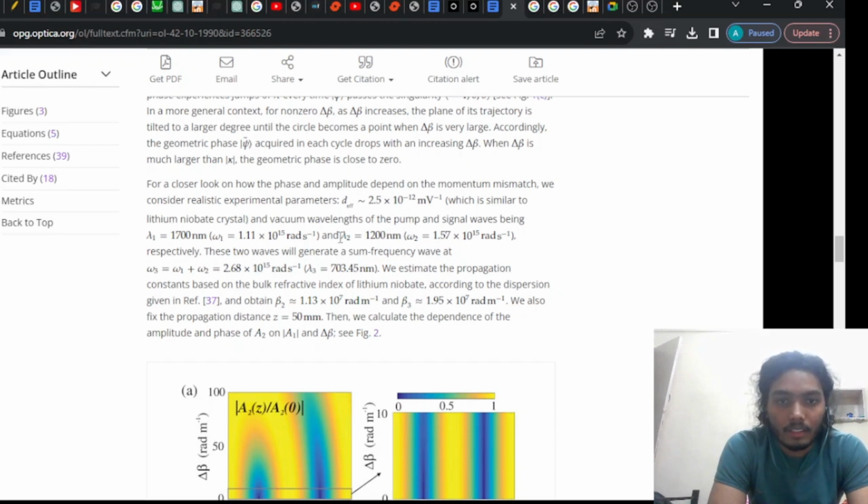And there is a signal whose frequency is 1.57 into 10 to the power 15 radian per second, and the corresponding vacuum wavelength is 1200 nanometer.